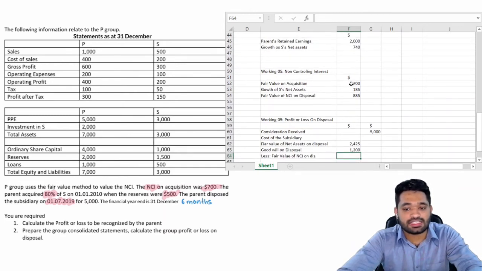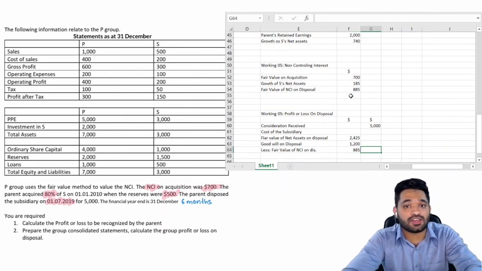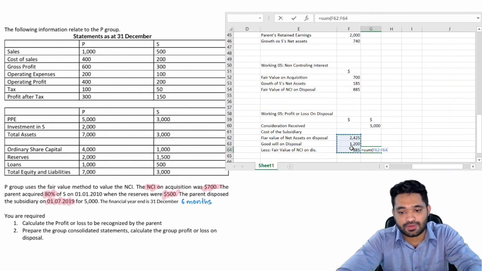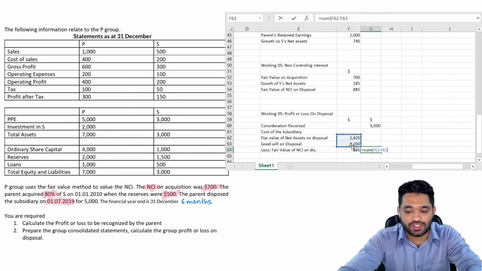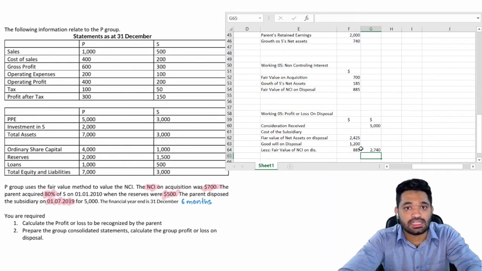The fair value of the NCI, you can take it from working number 5, that's 885. So you add these two together and you reduce the fair value of the NCI. So 2740 is going to be the value of your cost of the investment.